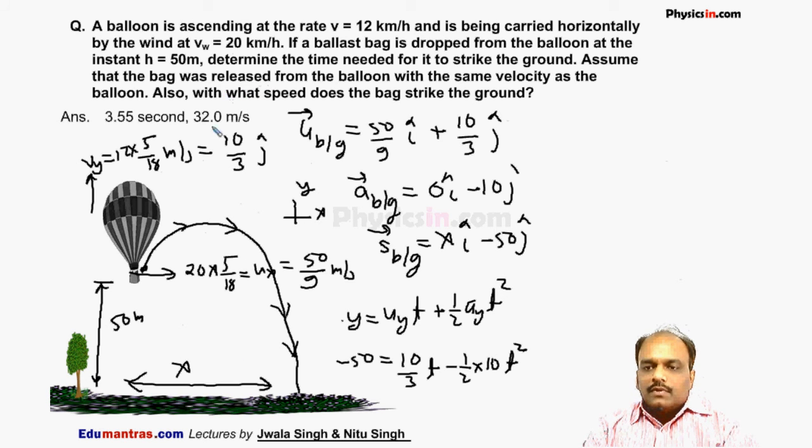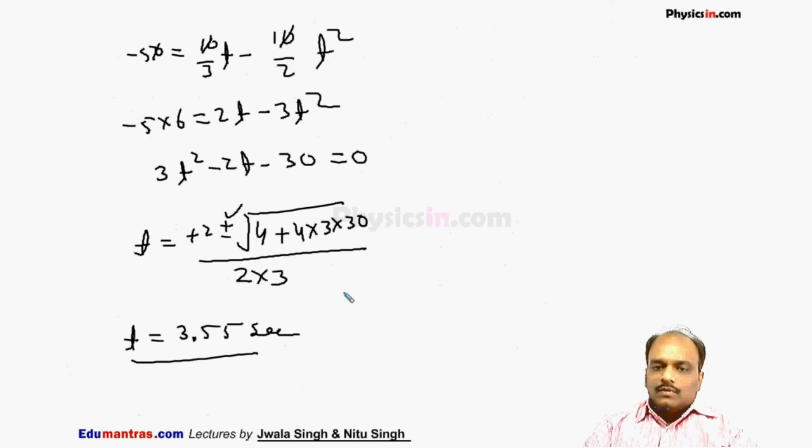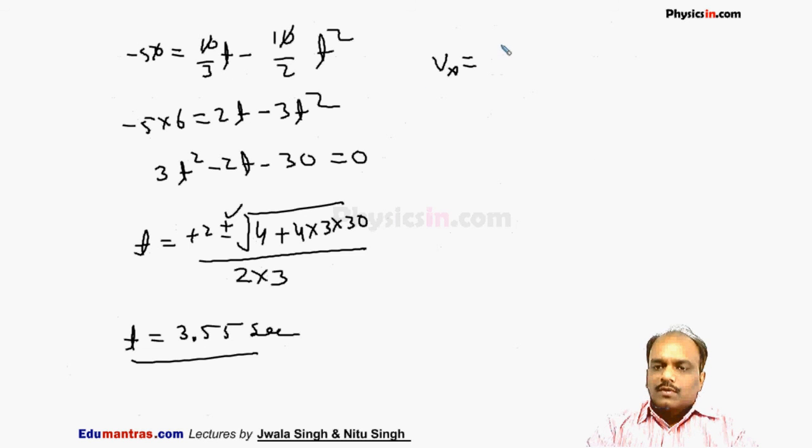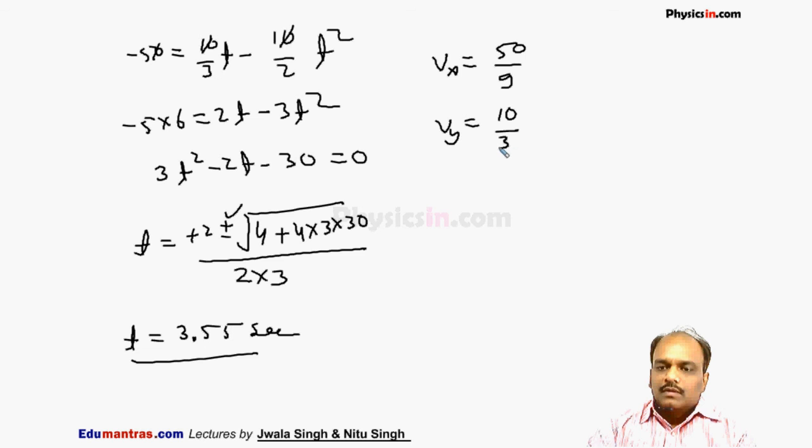This is the time taken by this bag to reach the ground, and the speed when it strikes the ground is, so we can say vx will remain the same because horizontally there is no acceleration, so vx is 50 by 9 at the instant when it strikes the ground, and vy is equal to uy, we know uy is 10 by 3, minus ay, which is 10, into time, that is 3.55.